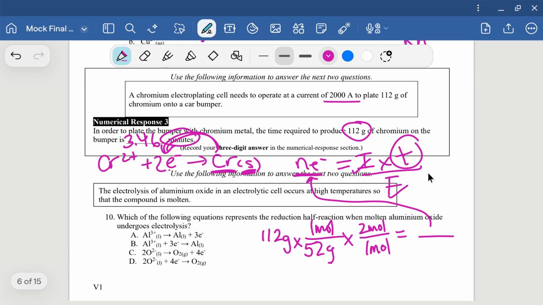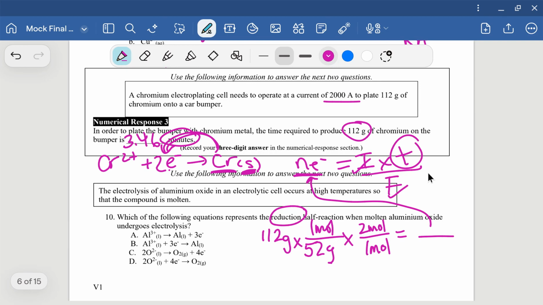So kind of getting a little messy here, but the next one tells us aluminum oxide is an electrolytic cell, occurs at high temperatures so that the compound is molten. Which of the following equations represents a half reaction when molten aluminum oxide undergoes electrolysis? So if you're looking for a reduction half reaction, you are gaining electrons.